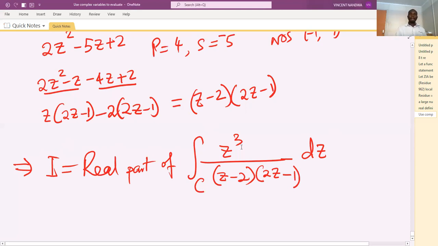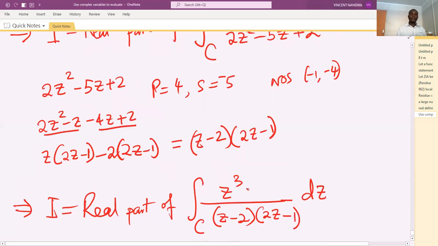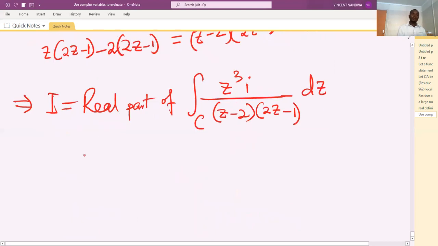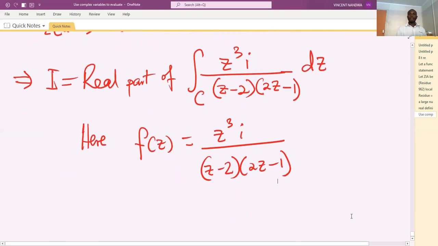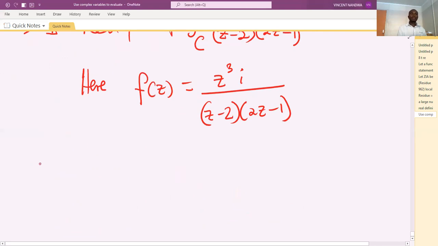Now, there's an I here. So we can say here, let f of z be z cubed I over z minus 2, 2z minus 1. Immediately identify f of z, then go to the process of finding poles. And poles are, you take the denominator, you equate to 0 and solve.